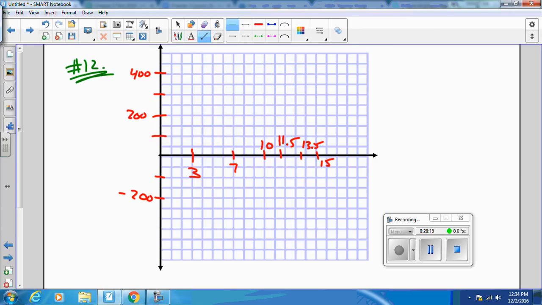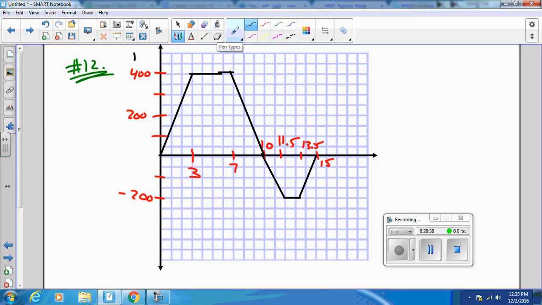Okay, and then the force is given to us like this, here, down to 200, over, and back up. So the force is given to us in a graphical form like this.